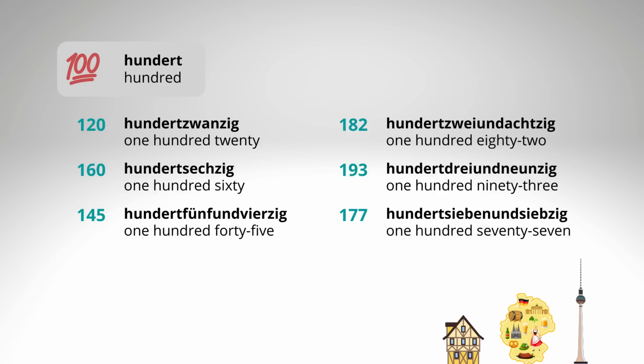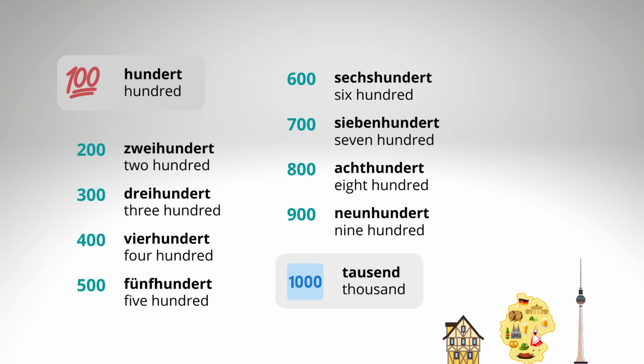But what if we have a number like 200 or 300 or even 400? Also in those cases the structure still remains the same. All we need to do is just to add the German number for the first digit, and everything else is business as usual.